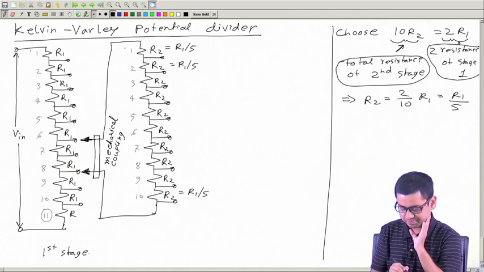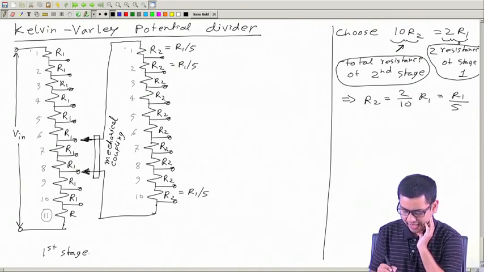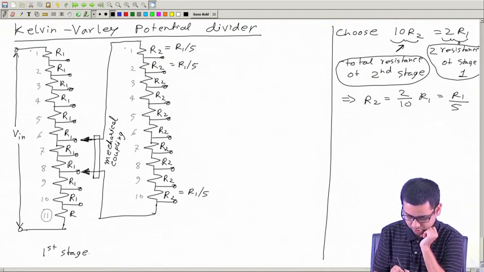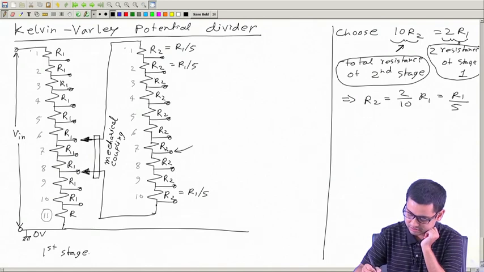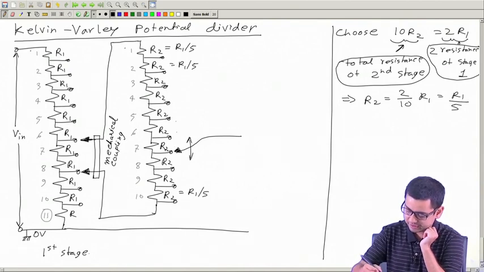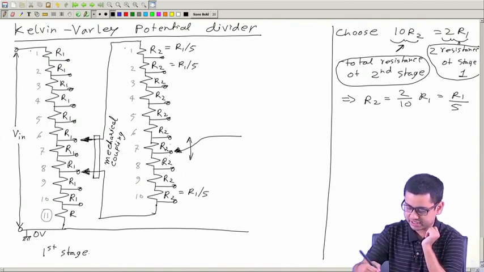If I do this, then the output I will take from this point as the reference, call this reference point. So, output will be taken between this reference point and one point which you can move, you can connect it anywhere to this second stage.